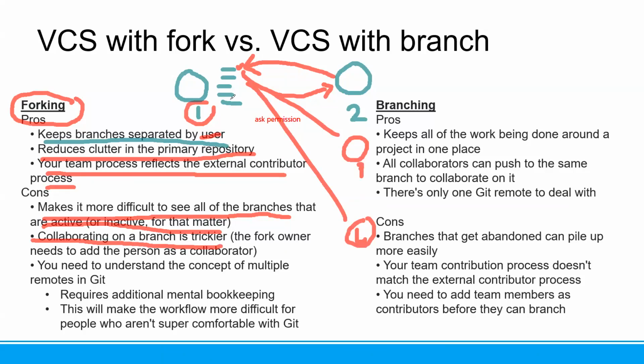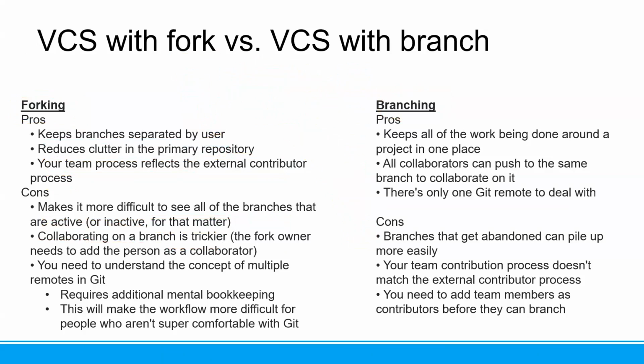If you make a fork, the branch is clear, but if you are going to use the branch, we call it branching, so it's a little bit tricky. The fork owner needs to add the person as a collaborator. Okay? So there is another way: fork, branch, and collaborators.